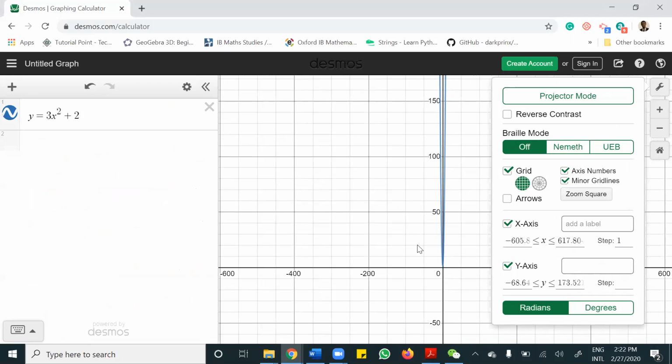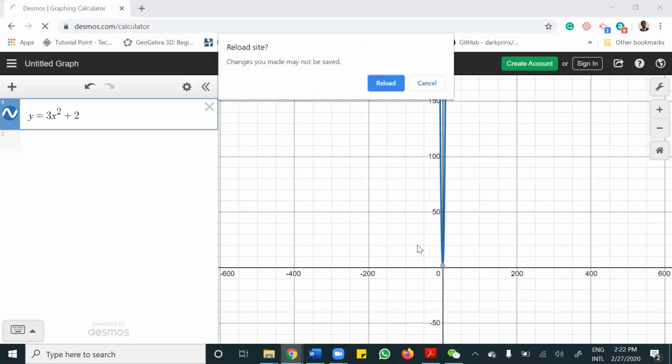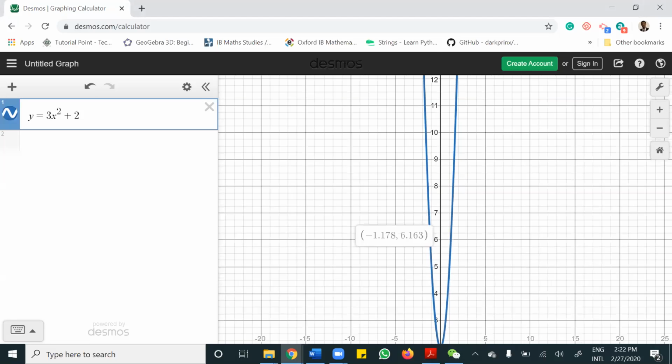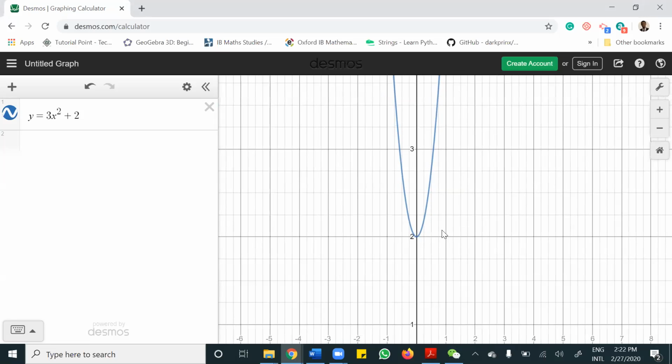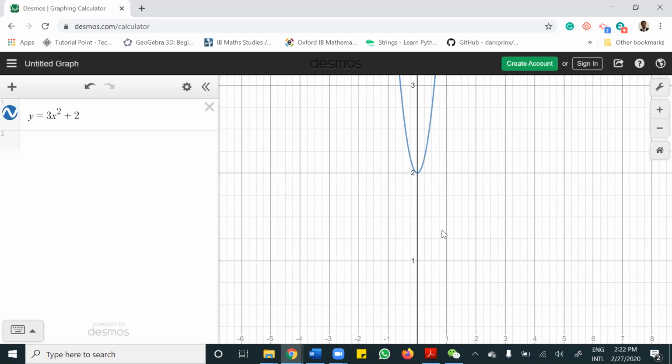Sorry, I'm trying to show something here. Okay, here it is. Look at it. The y value started from just 2. There's no y value below 2. Can you see my cursor? So there's no y value below 2.